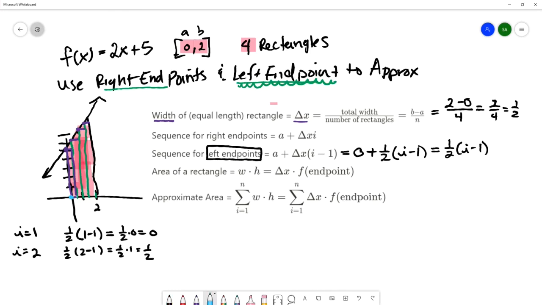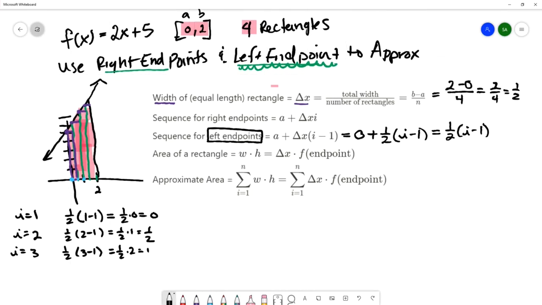And that second left endpoint is at 1/2. If i is 3, I have 1/2 times 3 minus 1, 1/2 times 2, and that's 1. My third left endpoint. And then we have one more, i equals 4. That's 1/2 times 4 minus 1, 1/2 times 3. That's 3/2 or 1.5, and that gives me my fourth left endpoint.